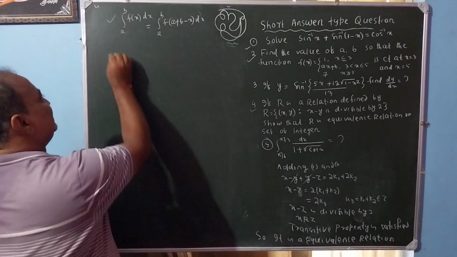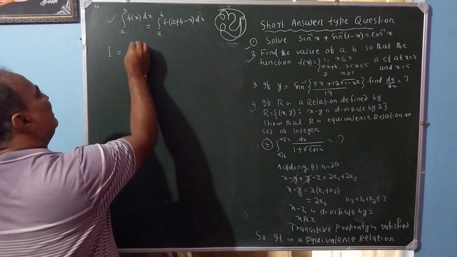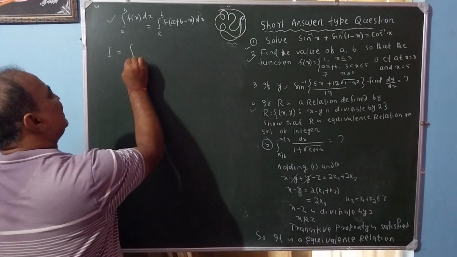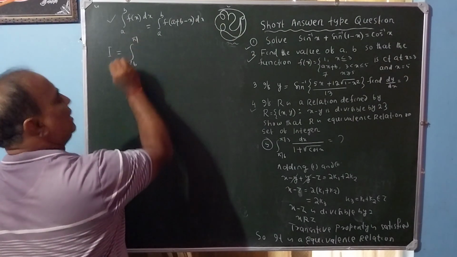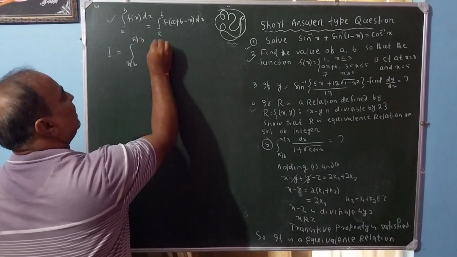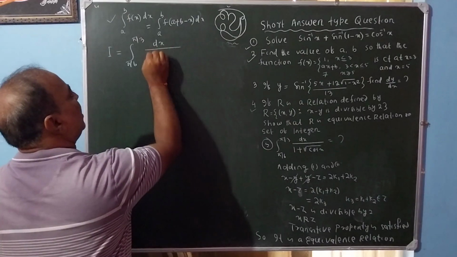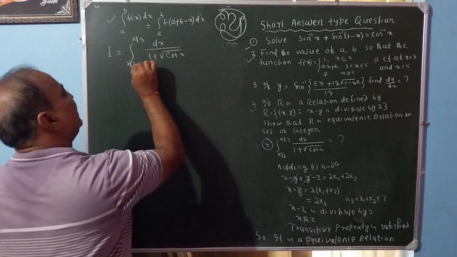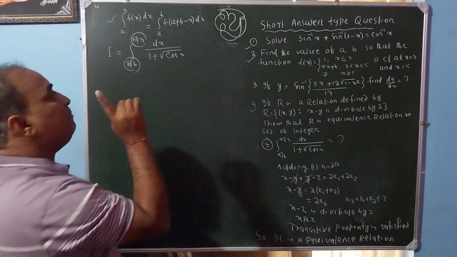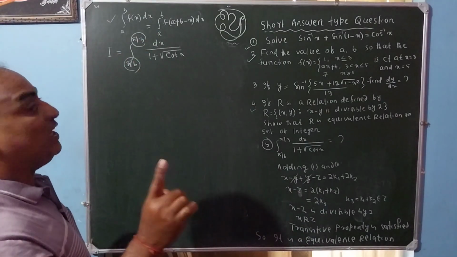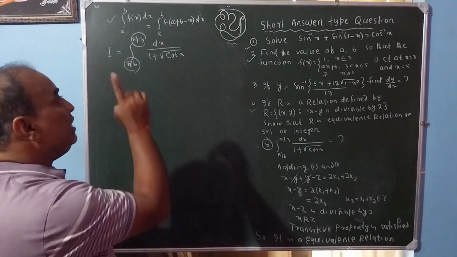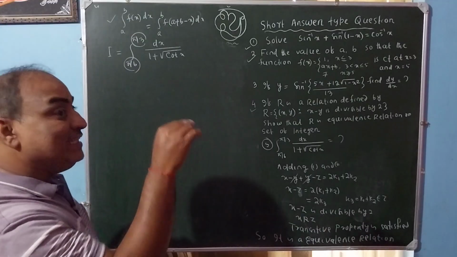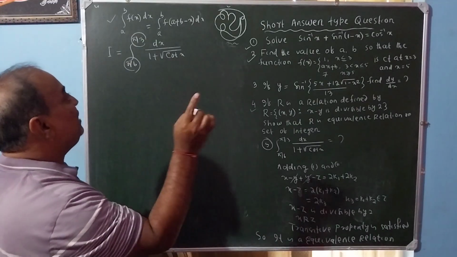Write down. Here it is I, integration from pi by 6 to pi by 3 dx by 1 plus root cot x. Here it is a, here it is b. a plus b, pi by 6 plus pi by 3, that is pi by 2. Whenever you see x, it is replaced by pi by 2 minus x.